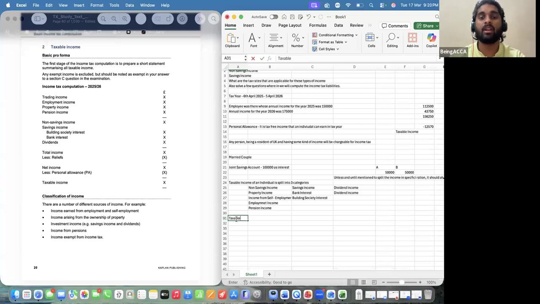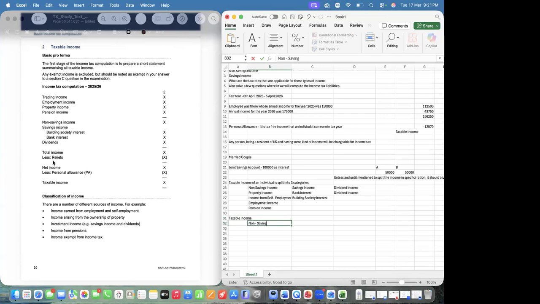Now let's identify how to calculate taxable income. Always remember, though it has been given in this format over here, income tax computation has been given as non-savings income, savings income, and in the linear format, always follow this format because it is easier. I will explain why it is easier as we move forward. Okay. Yes, sir.